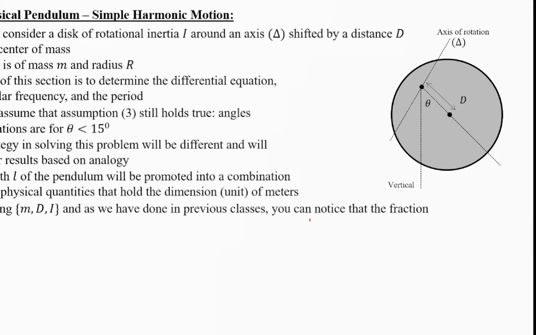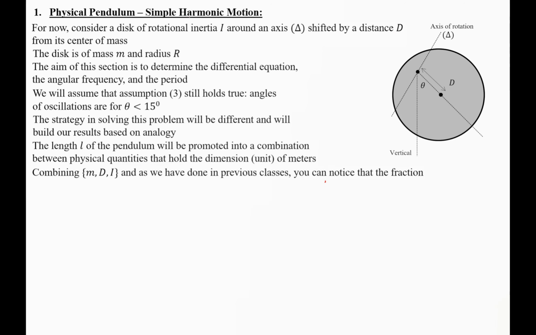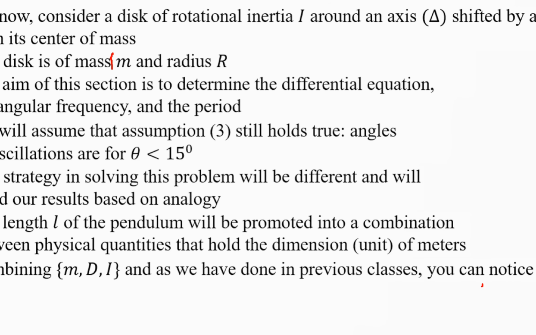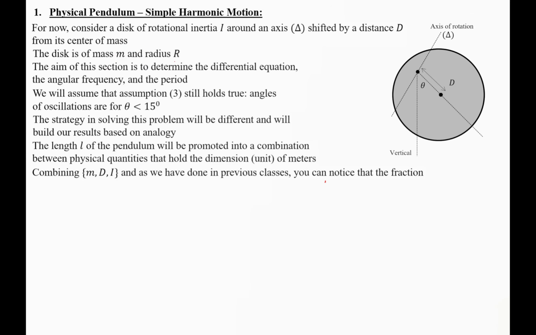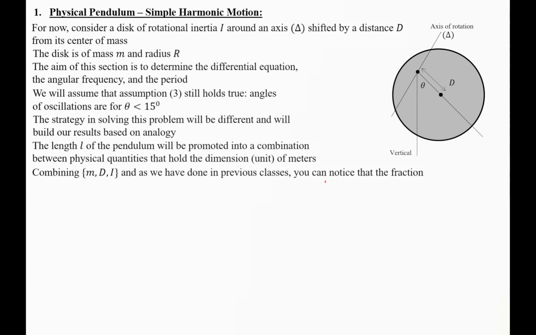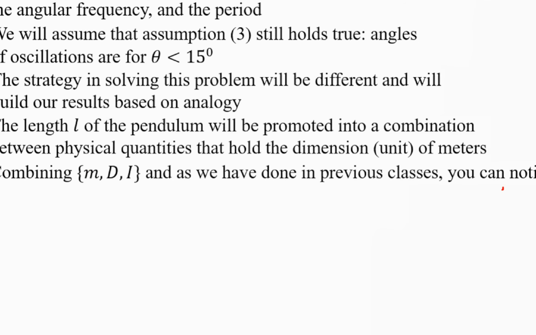Now the physical pendulum is characterized by d, by I, and by the mass m. Now if you think about it, why did we choose d and not r? Because d represents a physical significance, which is the distance from the center of mass to the axis of rotation. The three things that we have mentioned are m, d, and I, so we need to combine these together in order to replace L.